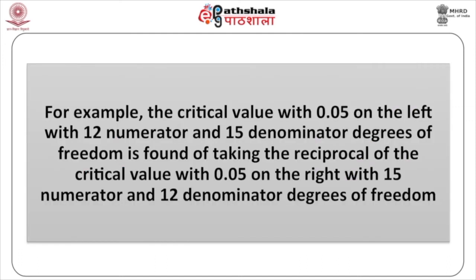For example, the critical value with 0.05 on the left with numerator 12 and denominator 15 degrees of freedom is found by taking the reciprocal of the critical value of 0.05 on the right with 15 numerator and 12 denominator degrees of freedom.